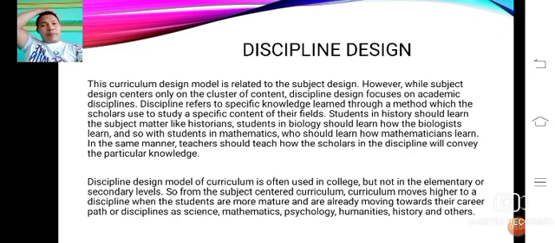Discipline design model curriculum is often used in college, but not in the elementary or secondary level. From the subject-centered curriculum, the movement goes higher to the discipline, where the students are more matured and already moving toward their career path or discipline such as science, mathematics, psychology, humanities, history, and others.